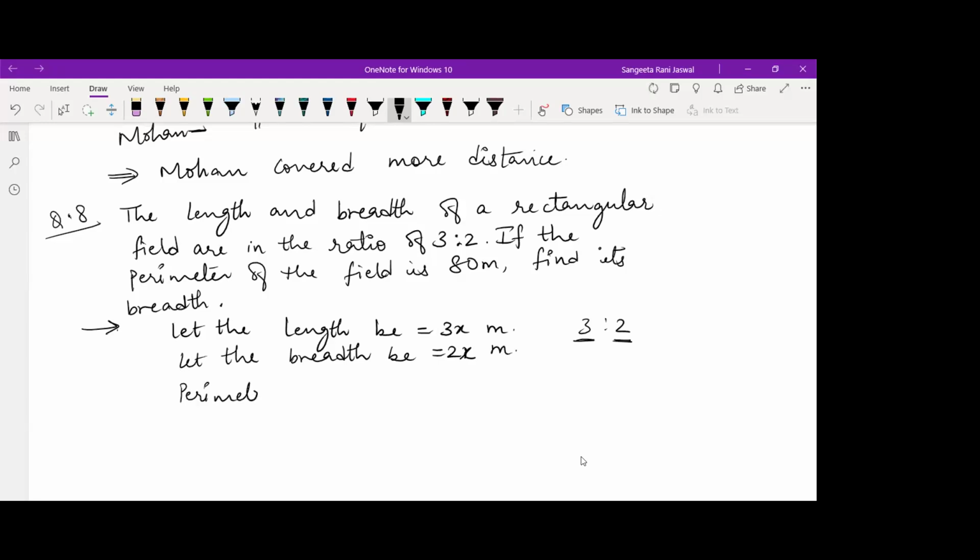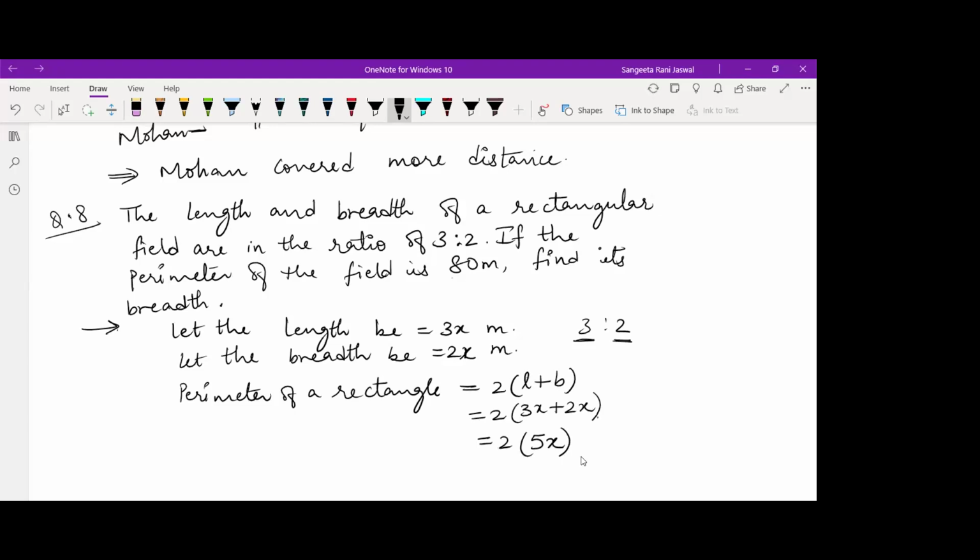Perimeter of a rectangle, because this is a rectangular field, is 2 into (L plus B). Our length is 3x and our breadth is 2x, so 2x plus 3x will be 5x.